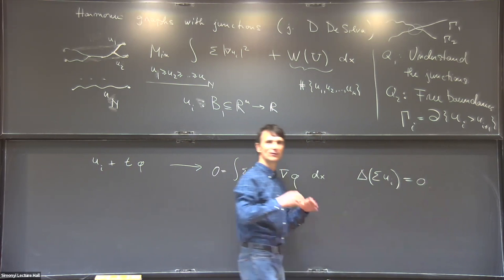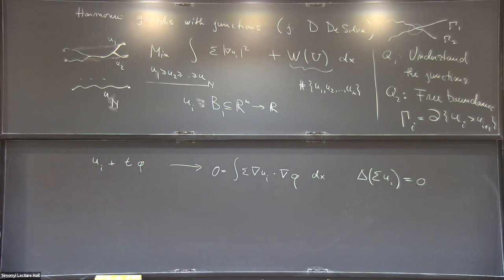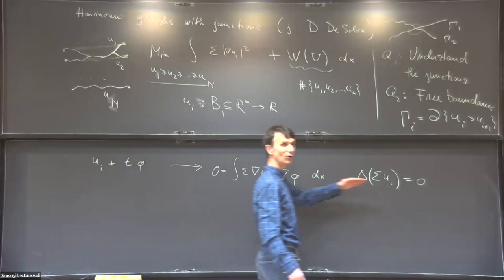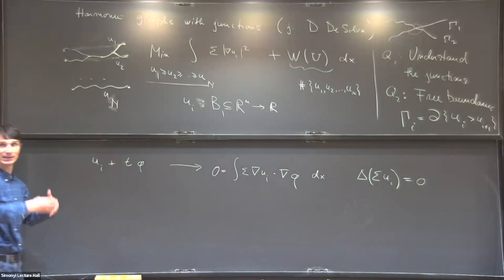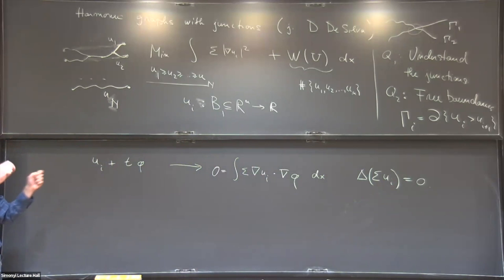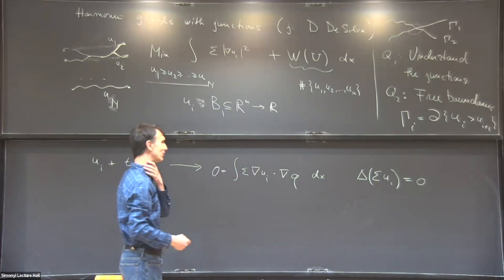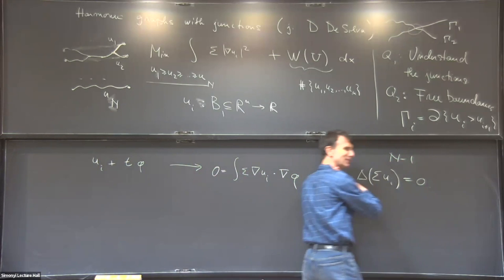So what you can say from the very beginning is that, independent of the junctions, the average is always harmonic and can be computed from the boundary data. Whatever boundary data you give me, I can immediately tell you what the average is, which means that in fact this is not a system of n equations, but rather of n minus 1 unknowns, right?